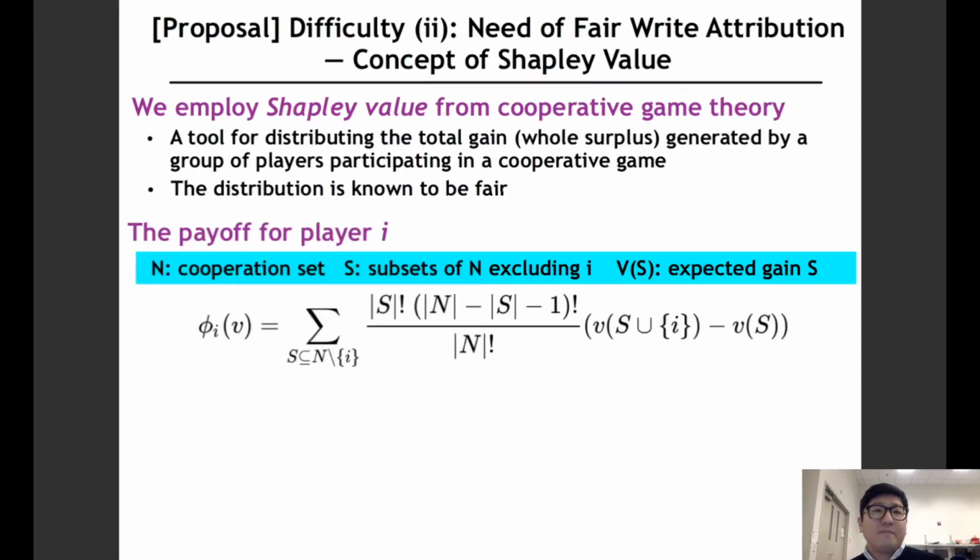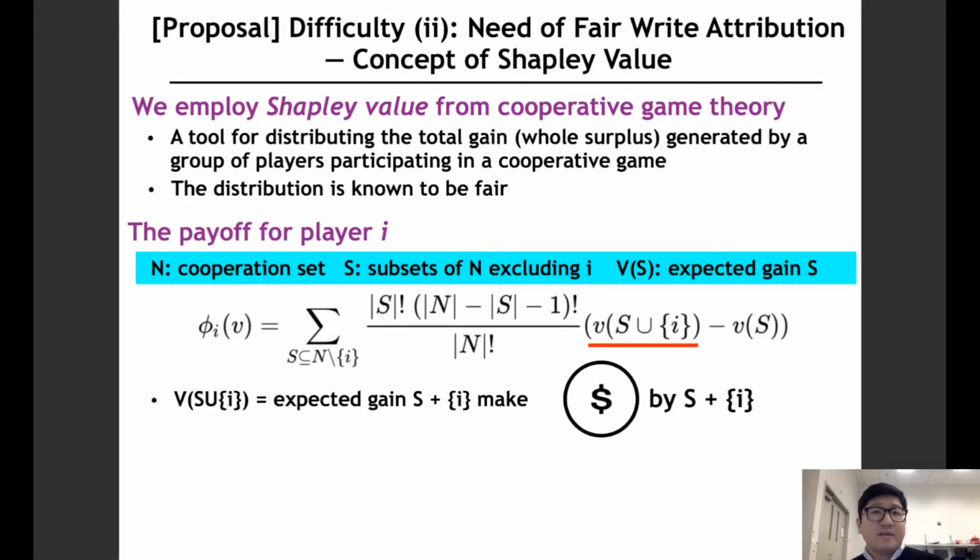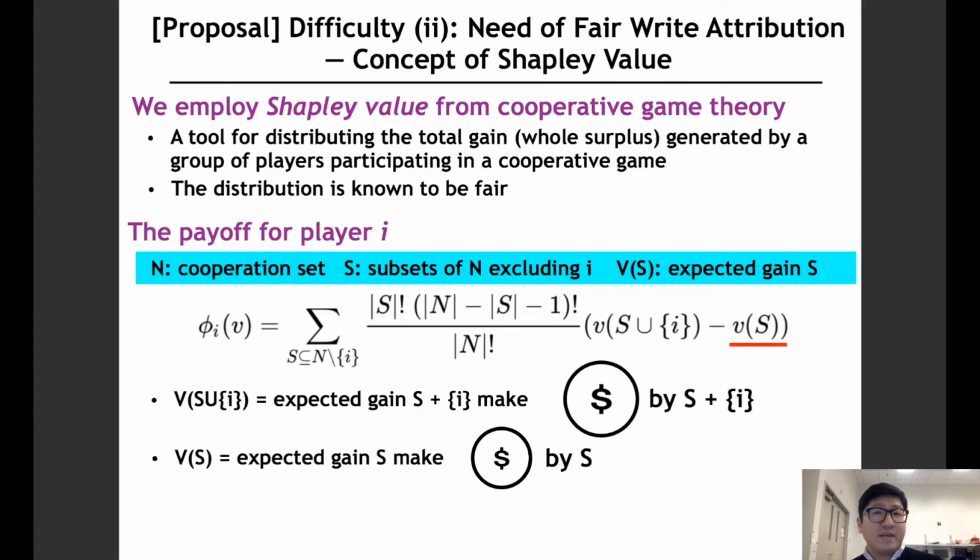The payoff for player i is calculated using this equation. S indicates all possible subsets of the original cooperation set N, excluding the player i. The first term indicates the expected gain a subset S and player i together make, and the second term represents the expected gain subset S makes.